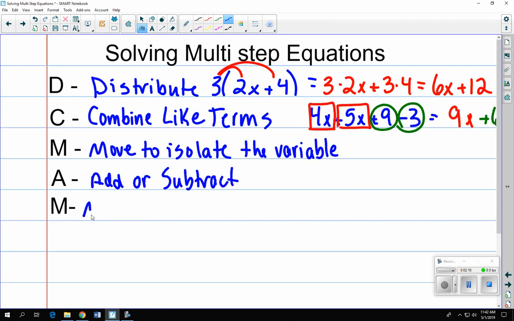And finally, multiplying or dividing. Ultimately, we are trying to find one final answer for this equation. So let's go ahead and dive into some examples.